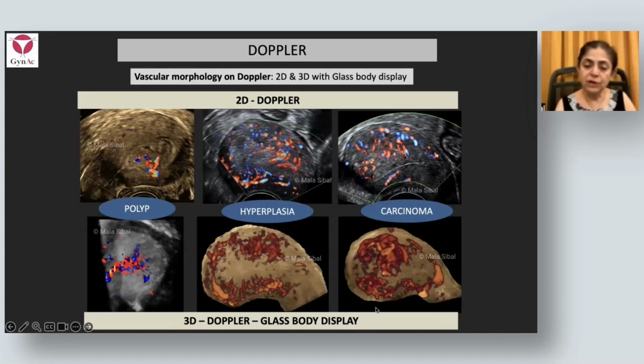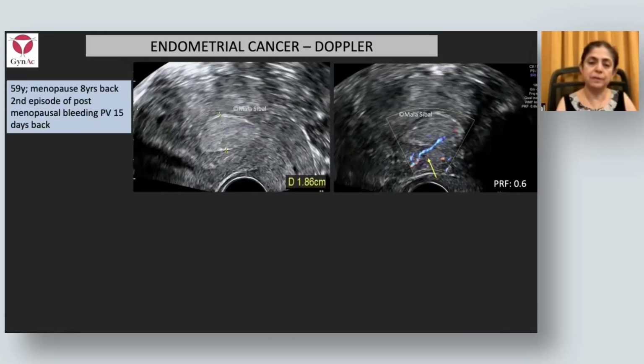There is looping of vessels, there are multiple branches, there are microaneurysms, there are stenotic segments, there is unequal distribution, and the difference between a hyperplasia or non-malignant pathology and a malignant pathology becomes very, very obvious on 3D with glass body display.